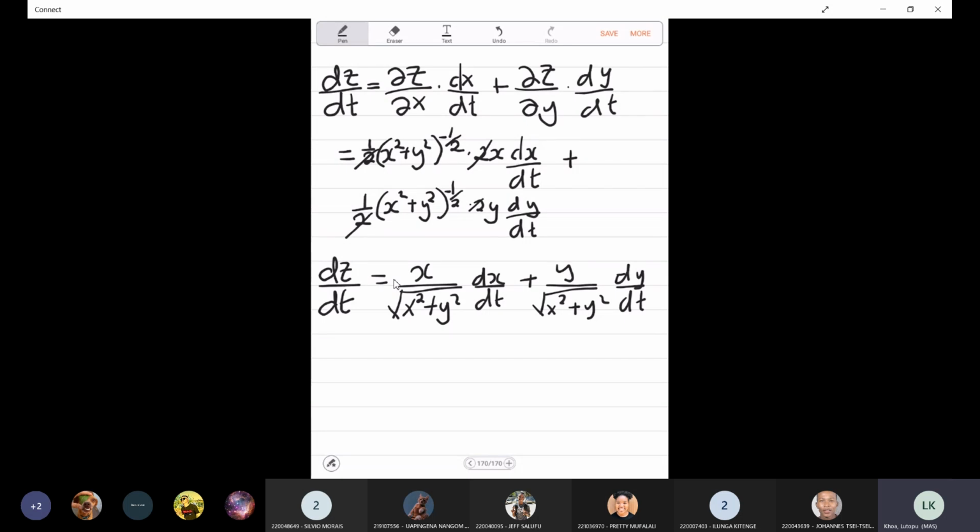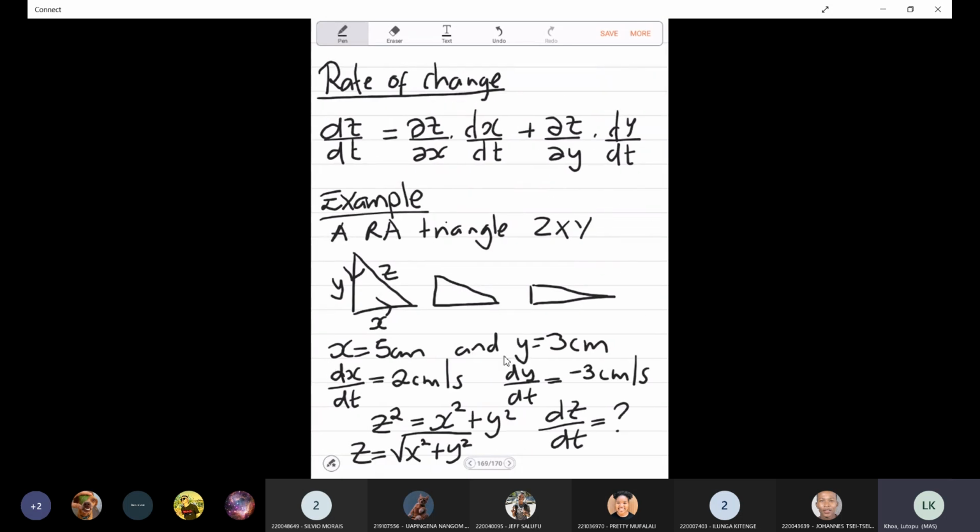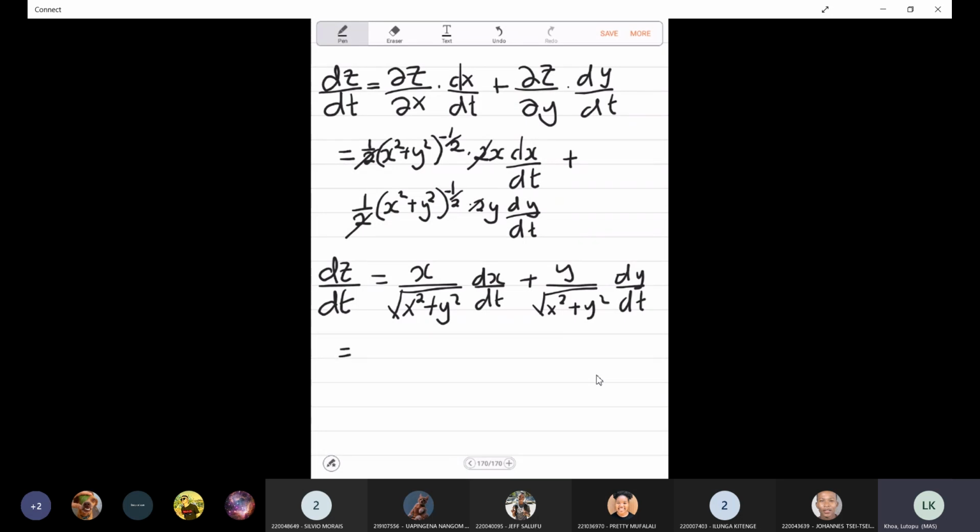We know from the question that x is equal to 5, y is equal to 3, dx dt is 2, dy dt is negative 3. So it's just substituting now. So x is equal to 5. So we have 5 over the square root of 5 squared plus 3 squared, because y is 3, and then multiply by dx dt, which is 2.